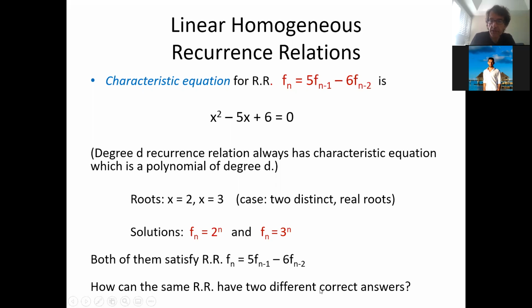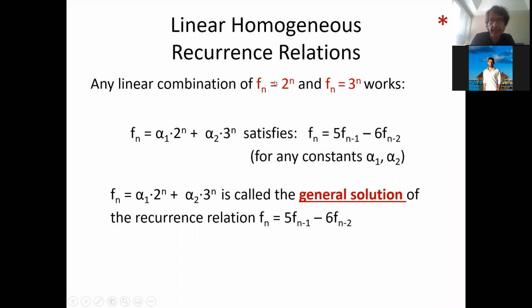But how can there be two correct answers? Well, the answer is even more general, more complex, quote unquote, than this. Not only are these two guys solutions to this recurrence relation, any linear combination of them is a solution.